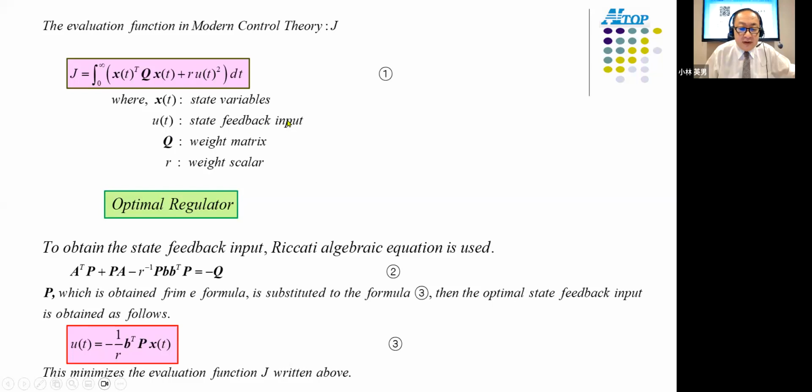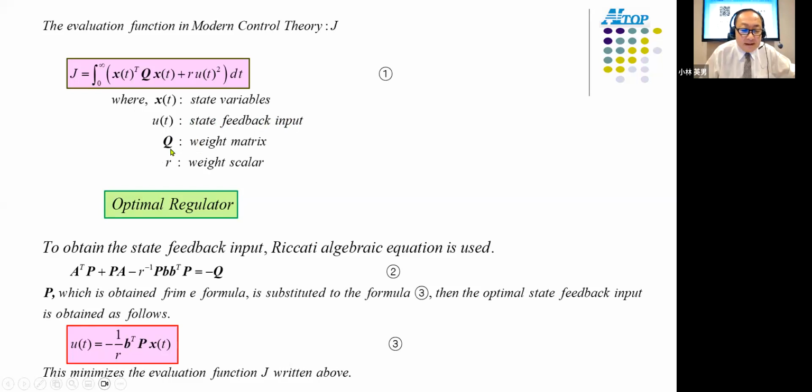u(t) is the state feedback input. So here feedback is given to the system. In that case, considering feedback, we think about the state feedback input. The state feedback input is given to the state variables.